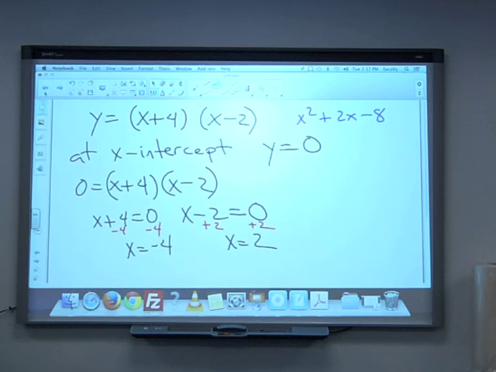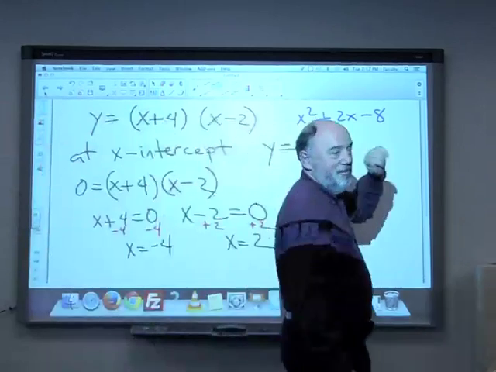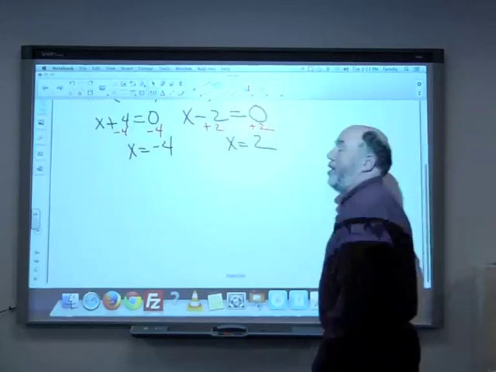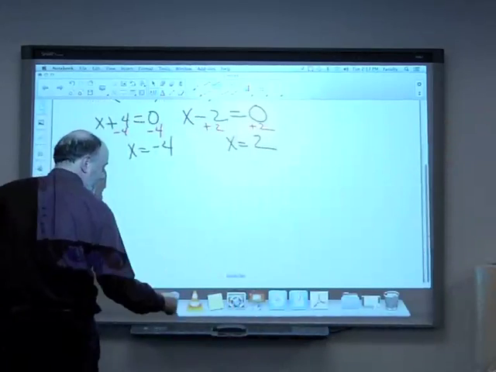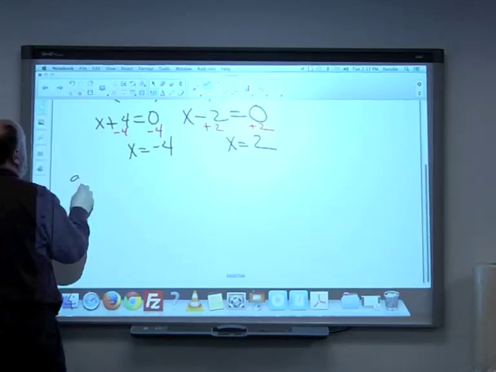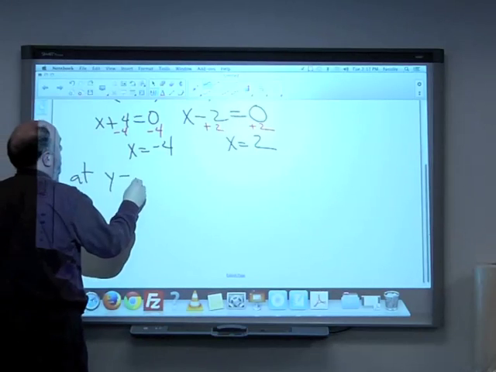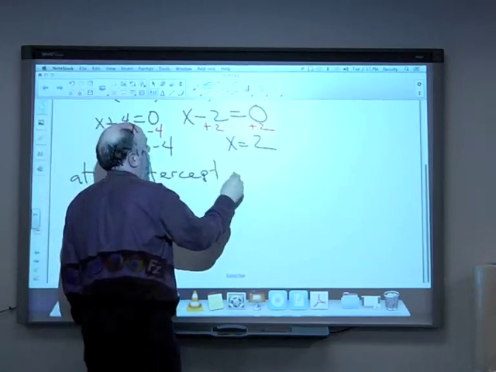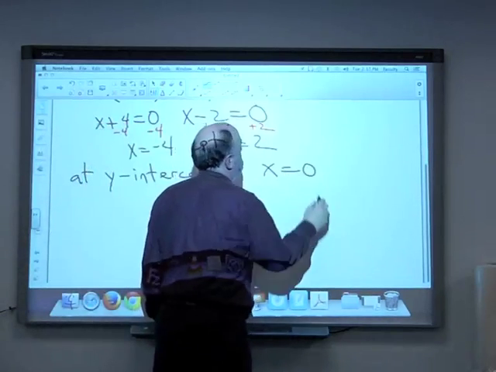Right? At the y-intercept, x is going to equal 0. Okay? So at the y-intercept, we've got that the x is going to equal 0. Okay?